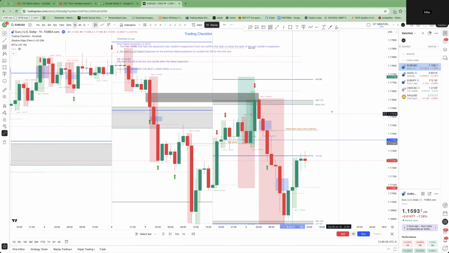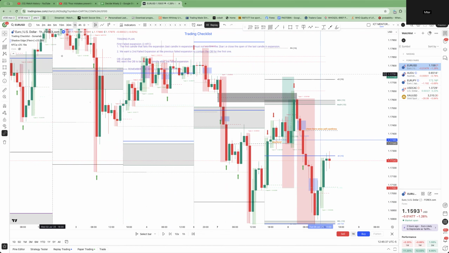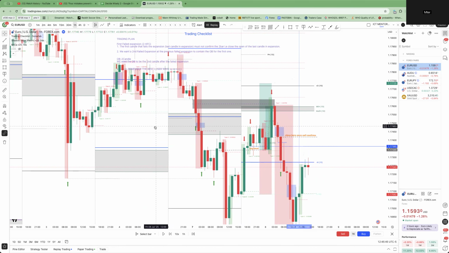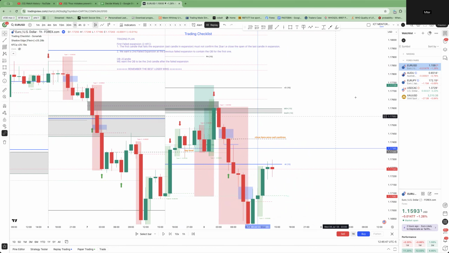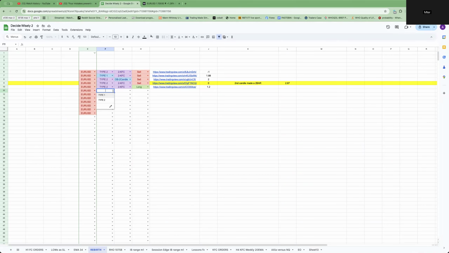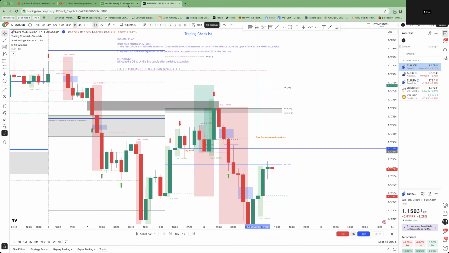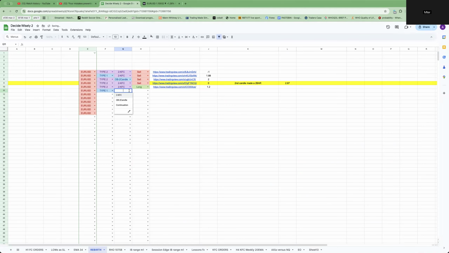That's why I was saying that in this instance, I might just have taken the long, because I'm in a sell, and it's the next day, and I trust this so much. The buy doesn't make sense. So that is why I said that earlier. But we'll record this as a loss, because why not? I'm so confident in this.